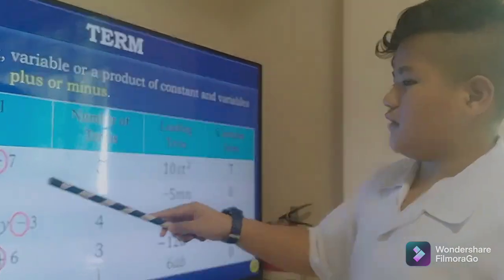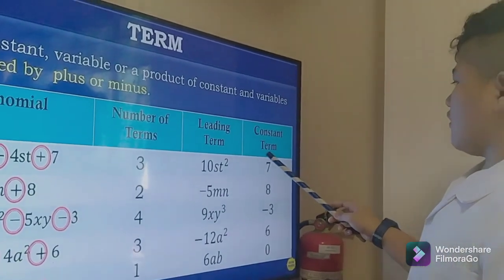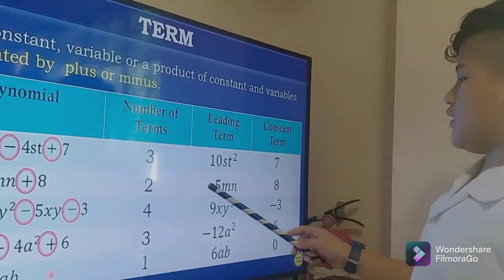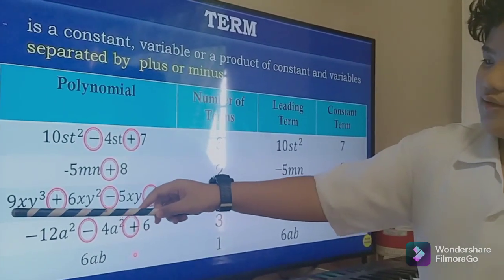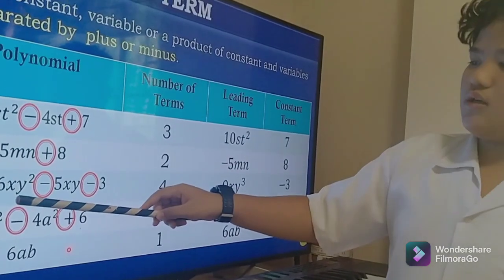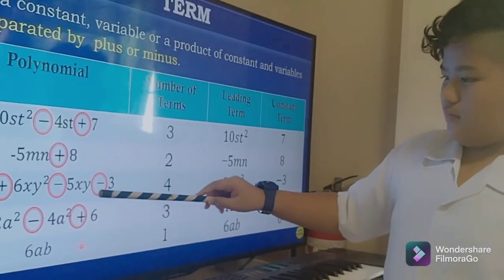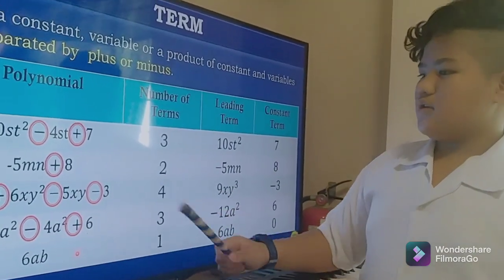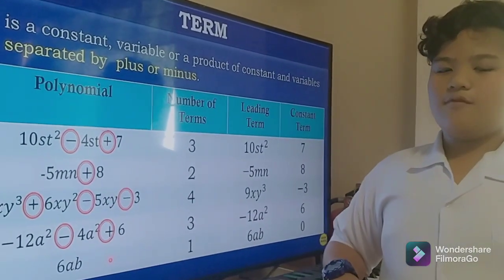So the first term is negative 5mn. Constant term. The constant term is 8 because it has no variables. Third example. 9xy to the third power plus 6xy squared minus 5xy minus 3. It is a multinomial because a multinomial has 4 terms.